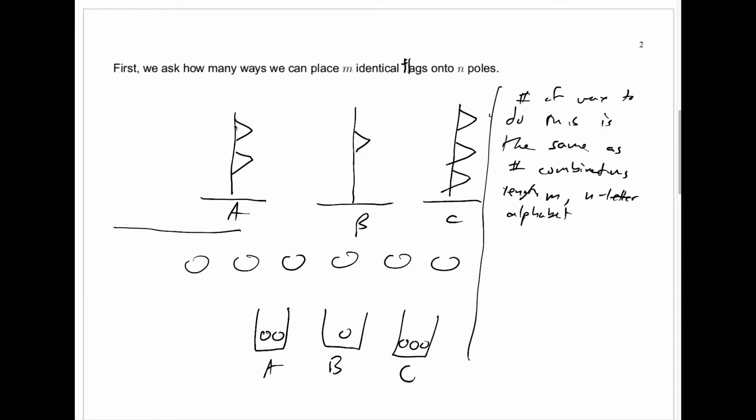In particular, the number of ways to put 6 identical flags on 3 poles is just the number of combinations of length 6 from a 3-letter alphabet. That's just 3 choose 6 with repetitions allowed. And that's just 3 plus 6 minus 1, which is 8, choose 6, which here is the same as 8 choose 2, or 8 times 7 over 2, which is just 28.